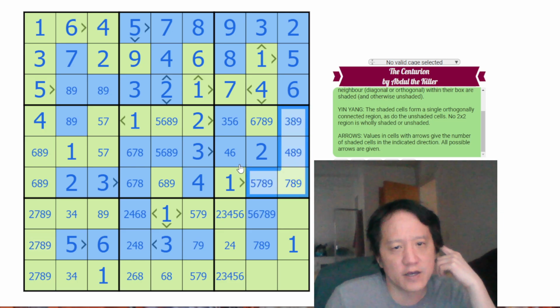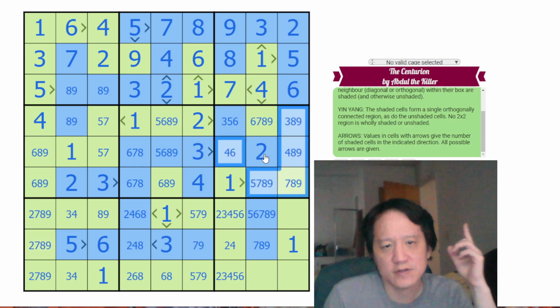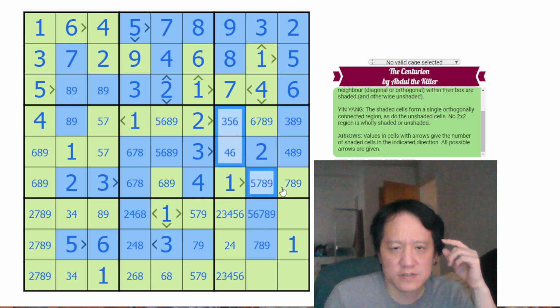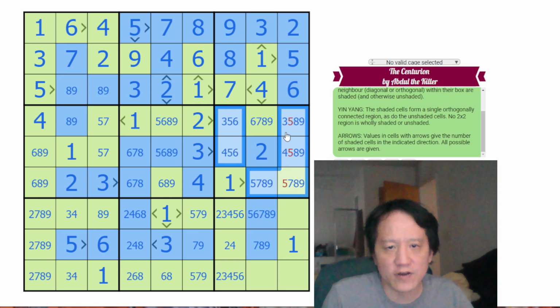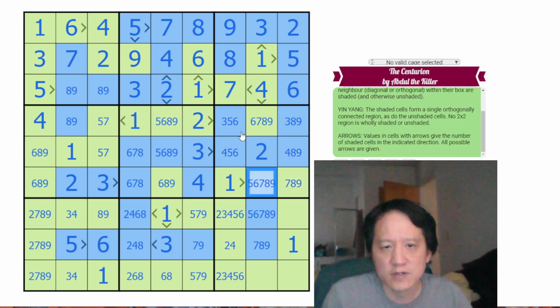okay, let's just add a whole bunch of values here. Because this can't be 3, the 4 has to be there. Let's just add 5s. Let's add 6s around. This can't be 7, 8, or 9.